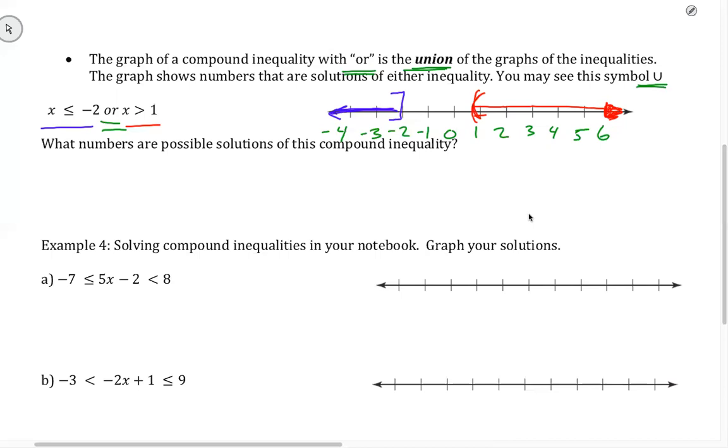inequality? Give me a number that satisfies one of them. -2. -2 is an answer. Hannah, can you give me another answer to this? -3. Can that work or no? Yeah. Franklin? Give me an answer.